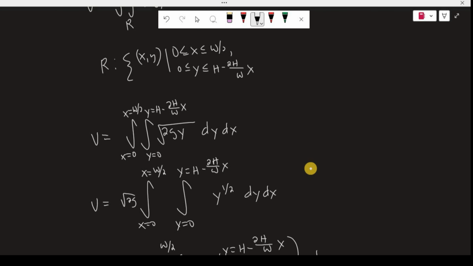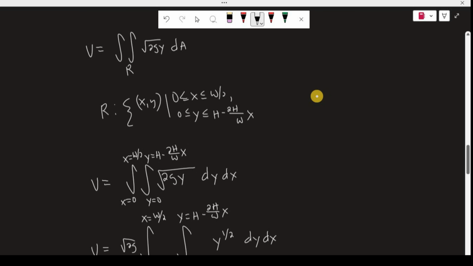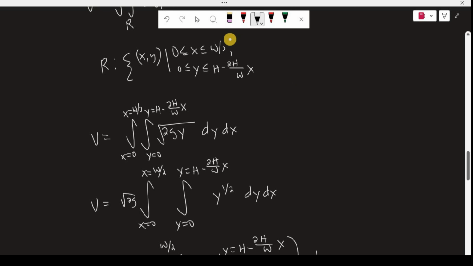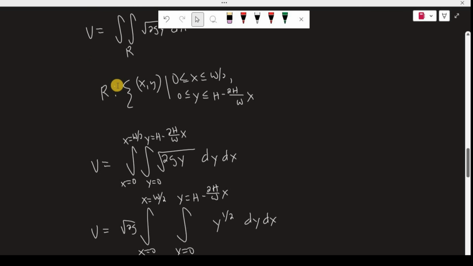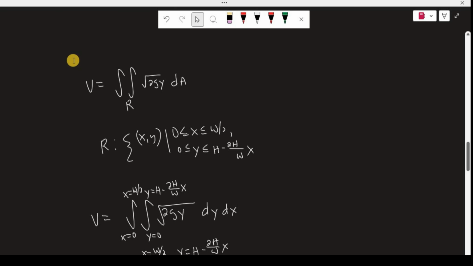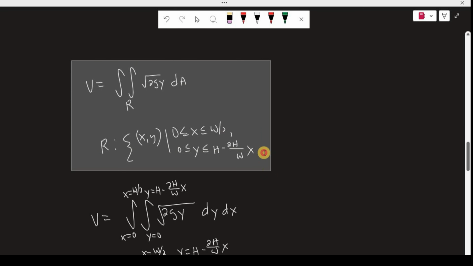Okay, now let's calculate the volume by integrating the double integral with respect to x first. And we must expect that we will get the same answer. Okay, so let me copy this equation first.